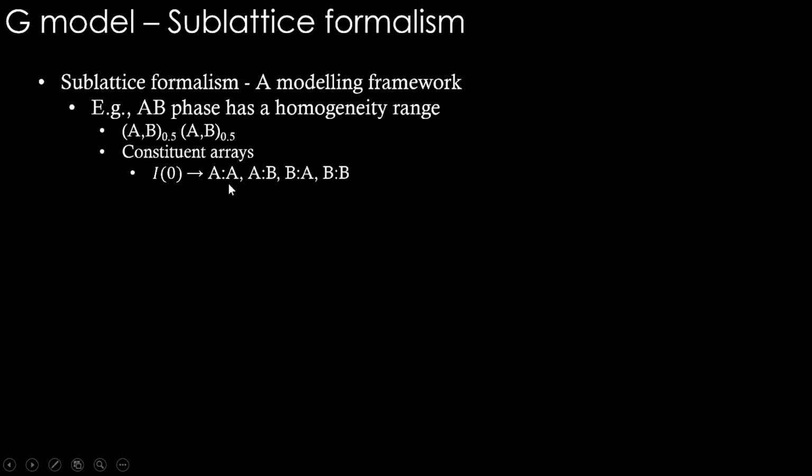Combinations of species from sublattice 1 and 2 come here. The colon separates the element coming from sublattice 1 and sublattice 2. So now from sublattice 1, A is taken, from sublattice 2, A is taken. This A:A represents a certain composition, that is 100% A.